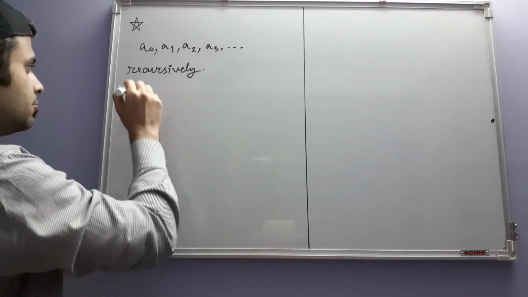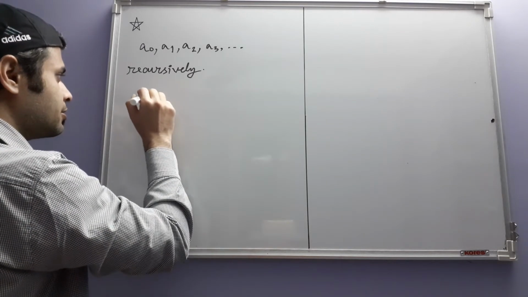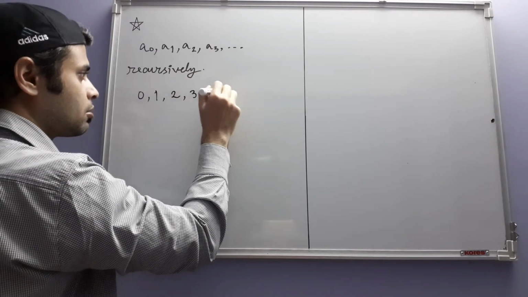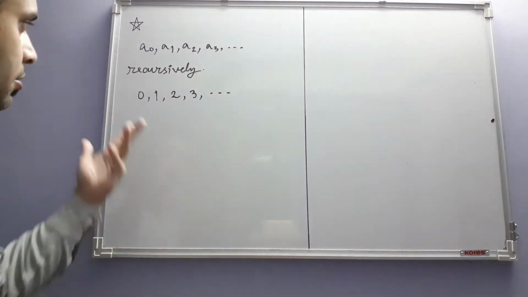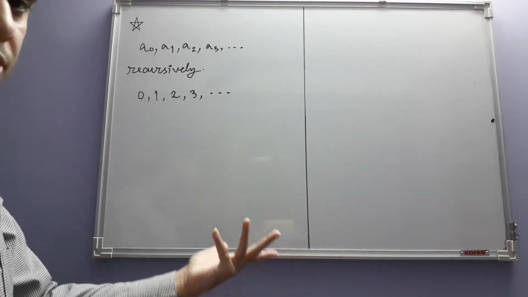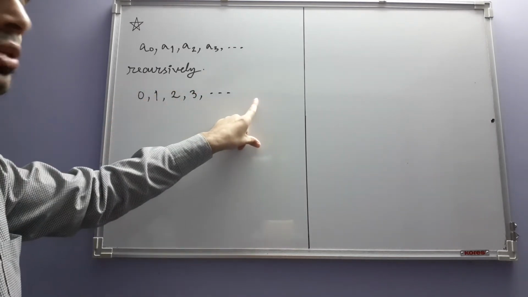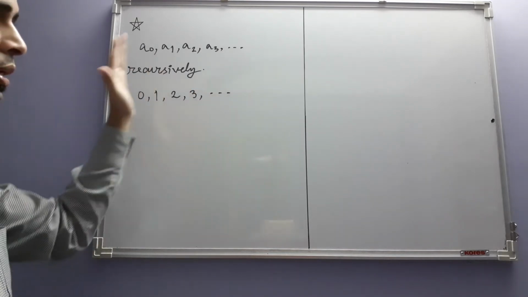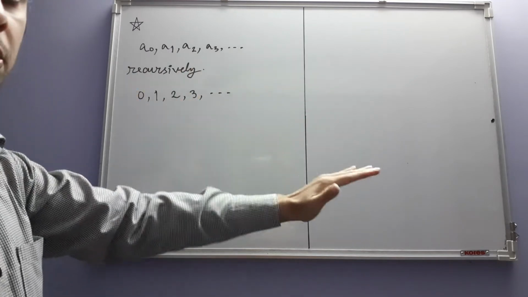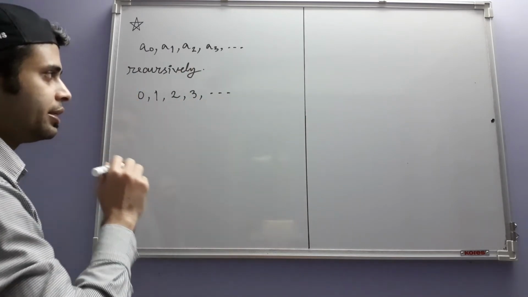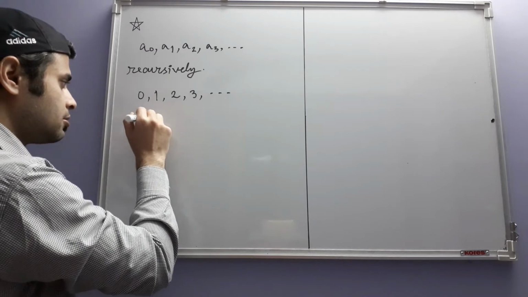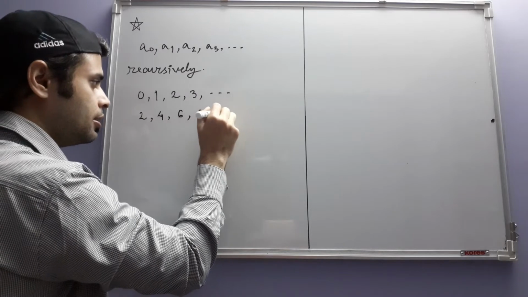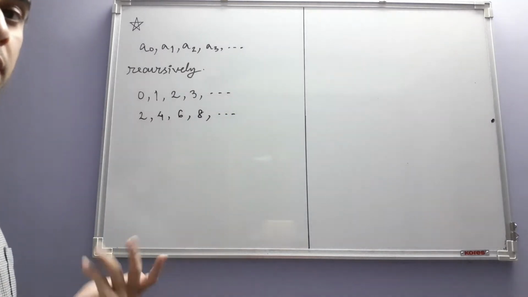For example, you may have a sequence like this, which is nothing but the natural numbers themselves in the usual order in which they appear, right? Starting with 0 and then incrementing the numbers one by one. Or we can have a sequence like this. These are the even natural numbers.